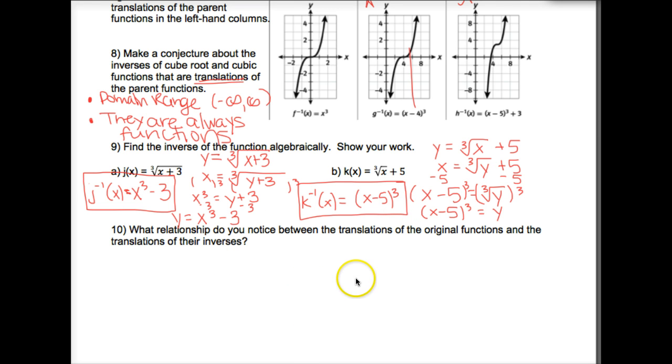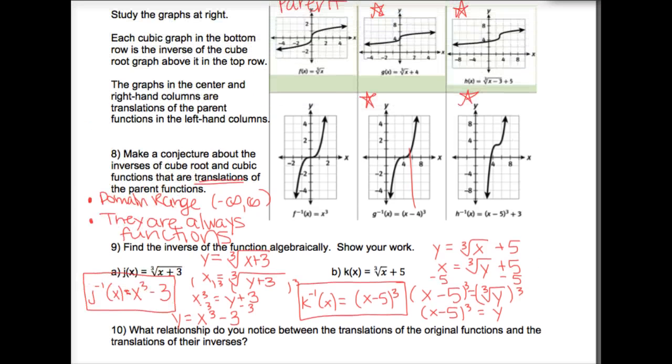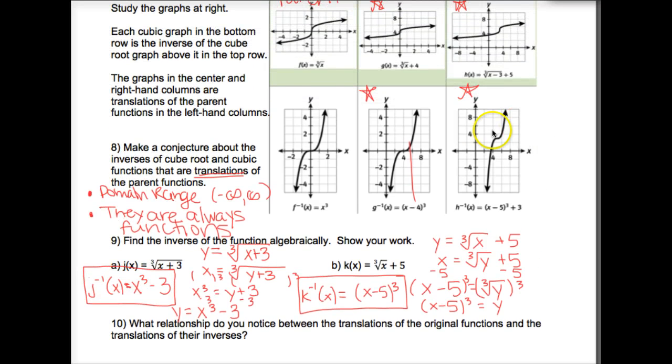All right, last thing, it wants to know what relationship we notice between the translations of the original functions and the translations of their inverses. You can look at the equation or you can look at the actual graph. Here, my original had a vertical shift up 4. My inverse had a horizontal shift right 4.